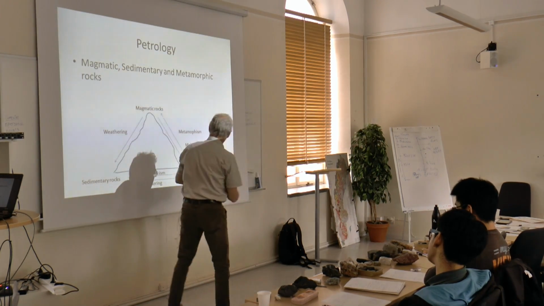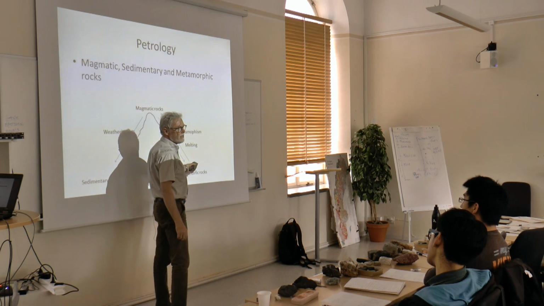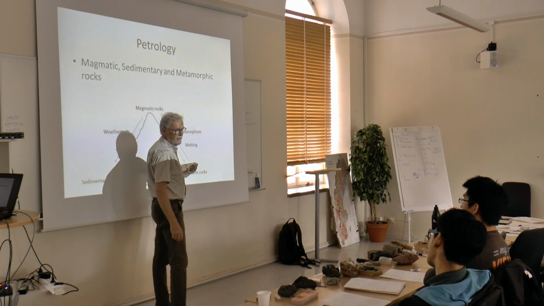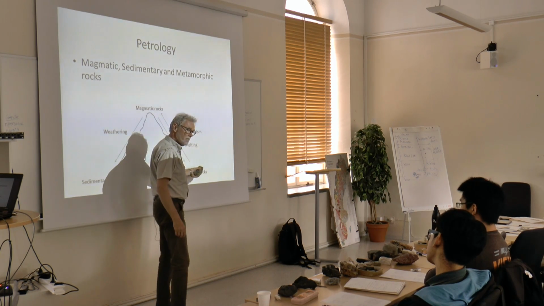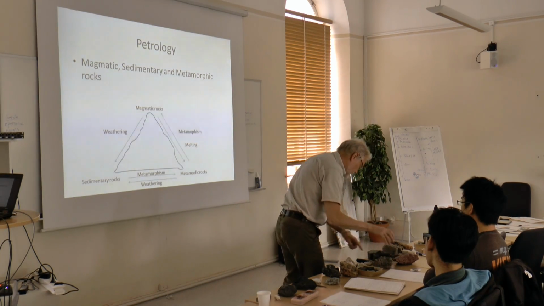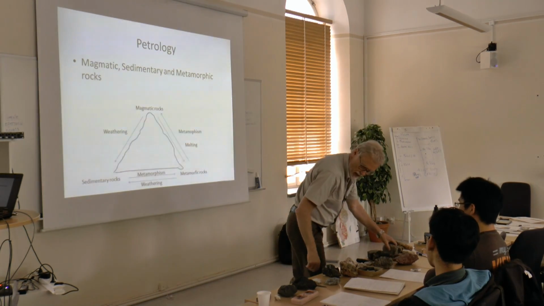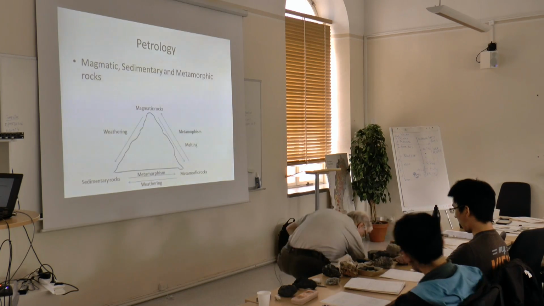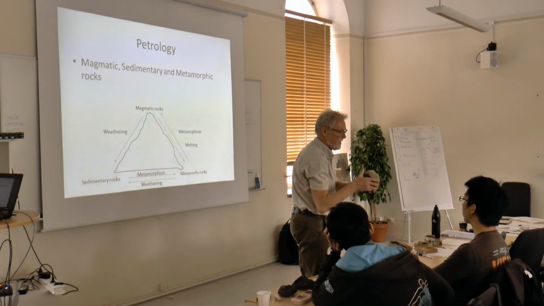So it turned in 2 billion years into a gneiss, and then it weathered. And this granite was a gneiss, and it turned into a sedimentary rock, like a sandstone, like this.